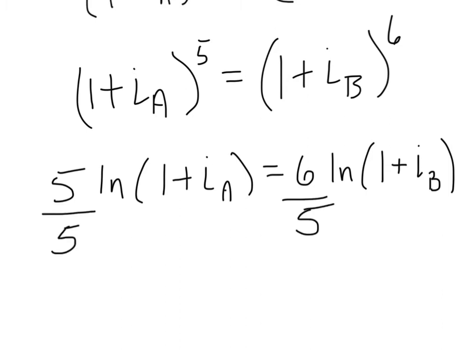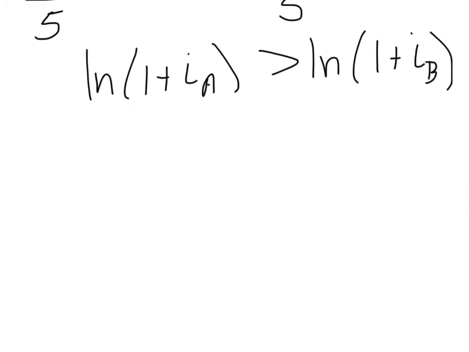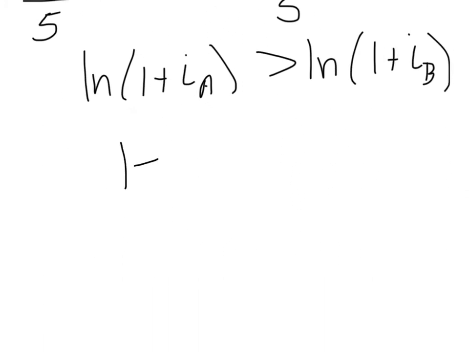Since 6 over 5 is greater than 1, we can argue that the log of 1 plus the interest rate on asset A must be bigger than the log of 1 plus the interest rate on asset B. And since the natural log is an increasing function, we can also say that 1 plus the interest rate on asset A must be bigger than 1 plus the interest rate on asset B, and of course that allows us to say that the interest rate on A is bigger than the interest rate on B. That's just one way to show the solution to this problem. There are other ways to do it algebraically as well.